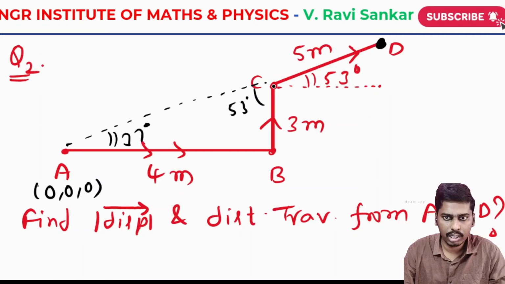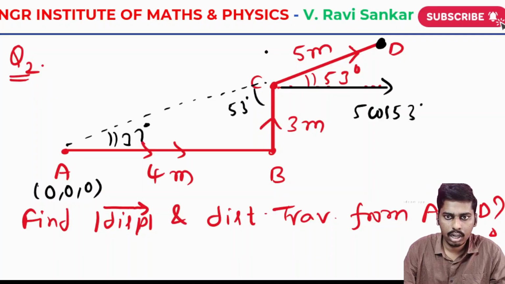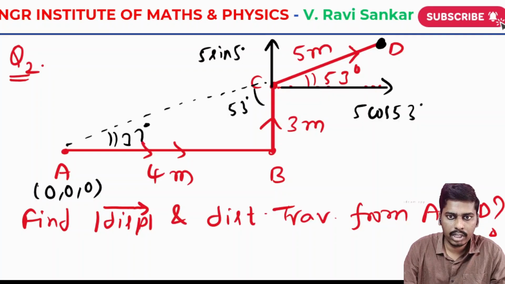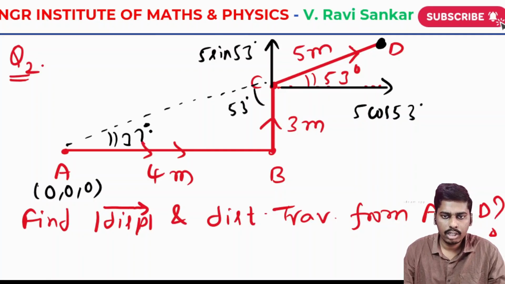Now let us resolve the vector over here. The length is 5, so this length is 5 cos 53 degree and this length is 5 sin 53 degree.